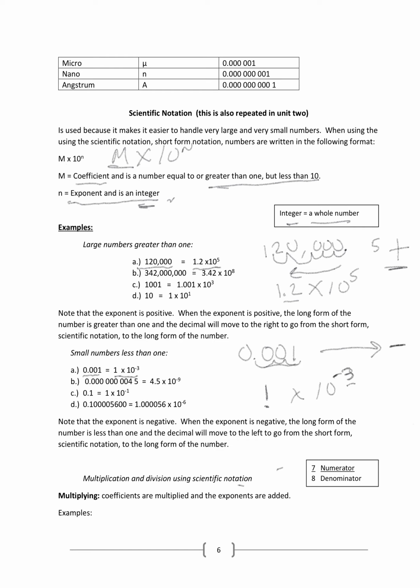Now, you can practice these, but these are some examples, and I'll talk about these during the live session. Now we want to talk about how we multiply numbers that are in scientific notation. First, when you multiply, you take the coefficients and multiply them, and the exponents are added.